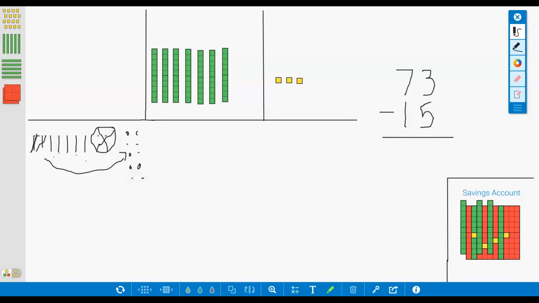We need 10 to make our 10 into our ones. Now I've taken away 3 from my 5. I need to take away 2 more. So I'll cross out 2 more ones. And now I have 1, 2, 3, 4, 5, 6, 7, 8 ones left and 1, 2, 3, 4, 5 tens. Is there another way we could solve this problem?